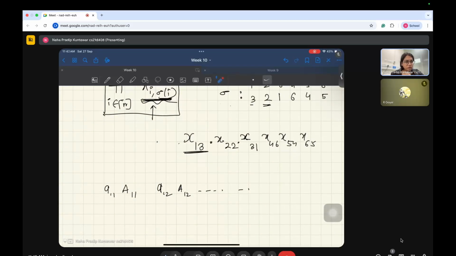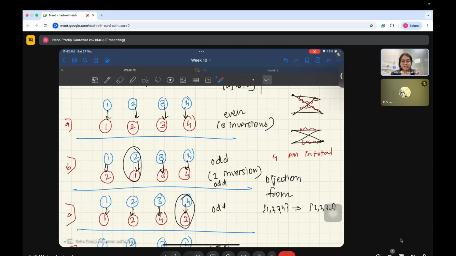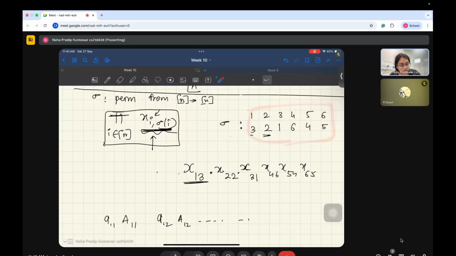You are actually going through all possible permutations, and we are writing those values in terms of multiplication, and then there's a sign that is associated with it. It turns out, and there is a proof for this, that the sign you write in the determinant is actually the sign of the permutation. So for example, we had this particular permutation here, and we had a term corresponding to it. What will be the sign of it?